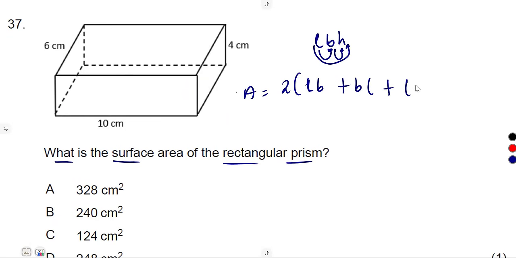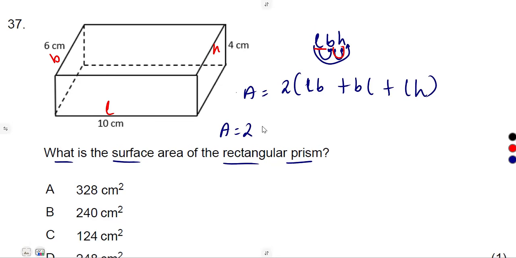Length times height. So our length is 10, and the breadth in this case is 6. The height going up is 4. So let us substitute.